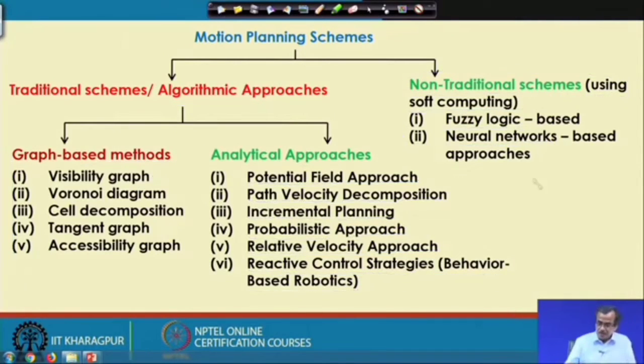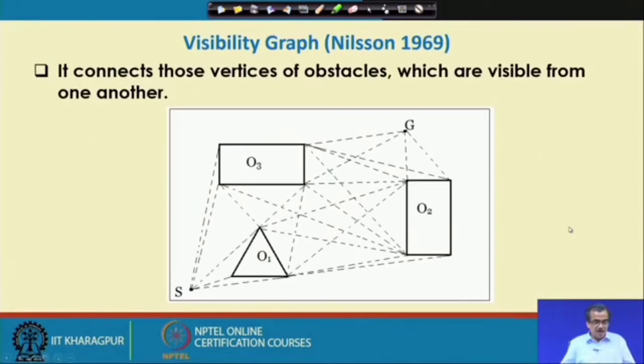So, we are going to start with the graph based technique which is known as the visibility graph. As I told, this is the first approach, which was proposed in the year 1969 by Nilsson. And here the principle is very simple.